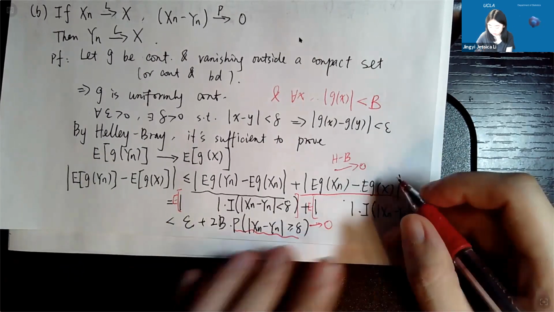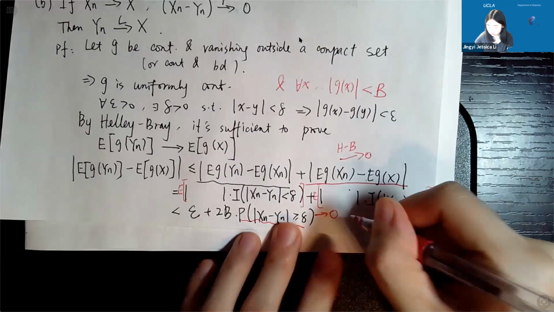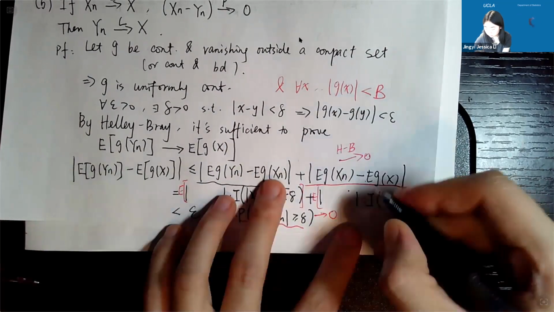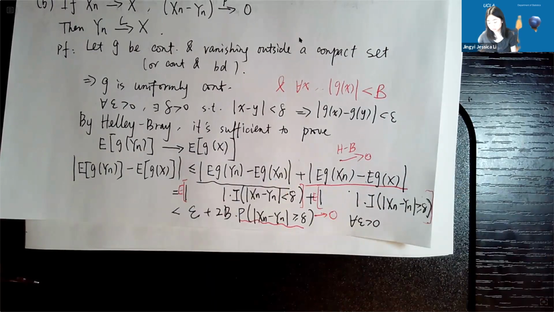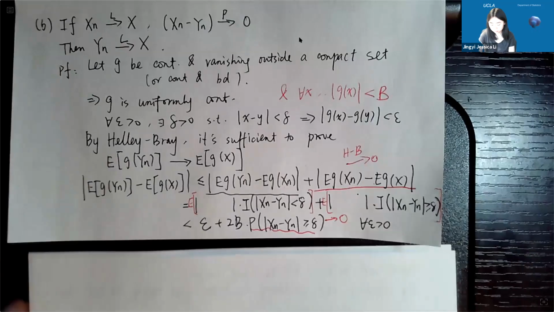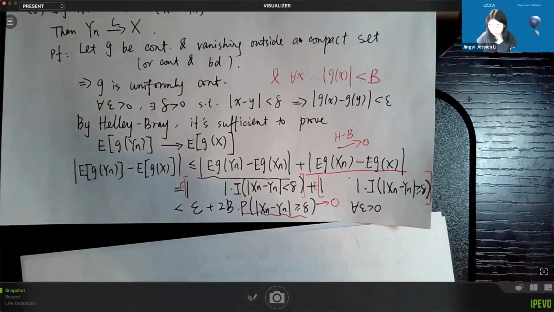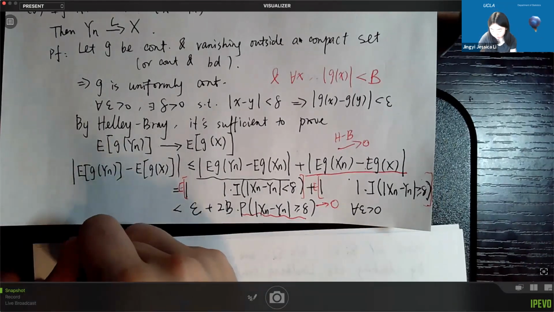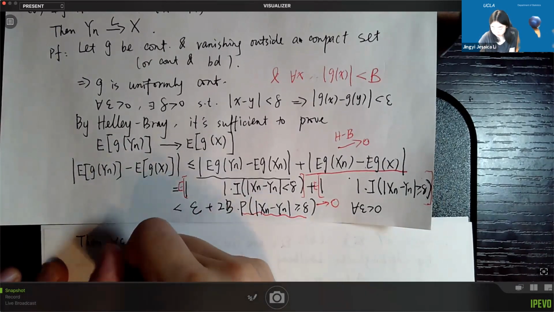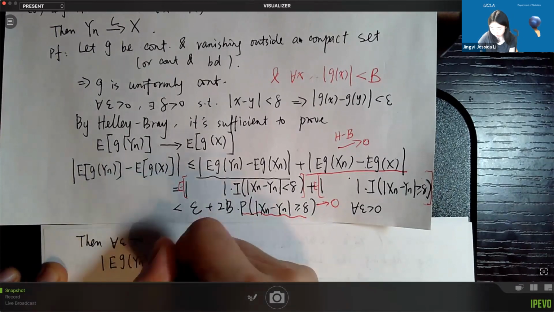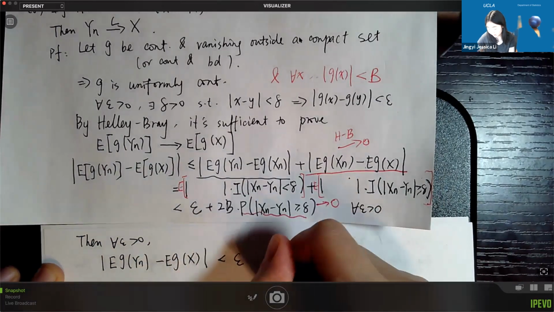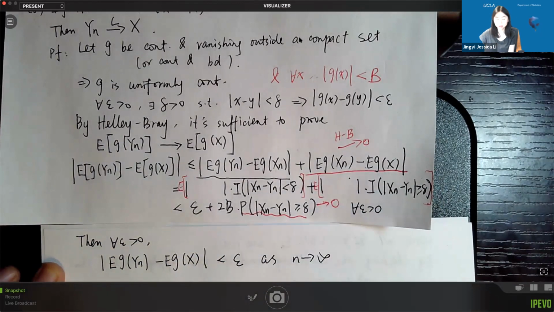Okay, so then I want to say that this whole thing is less than epsilon for any epsilon positive. And that's it. So basically, let me summarize it. For any epsilon greater than 0, we have the expectation of G(Yn) minus expectation of G(X) less than epsilon as n goes to infinity, because other terms will go down to 0.